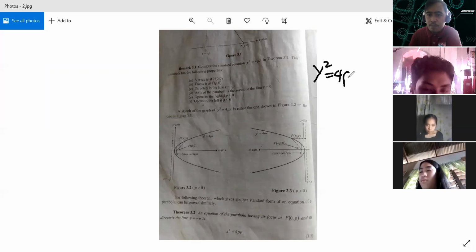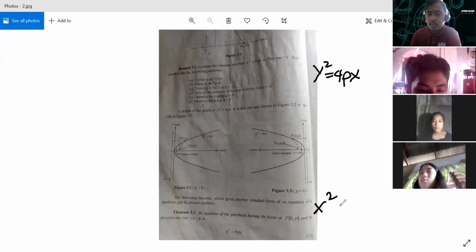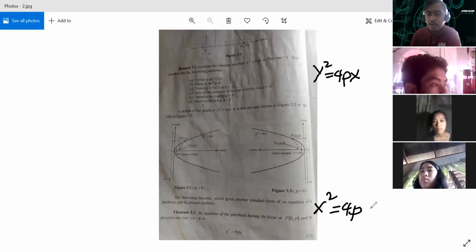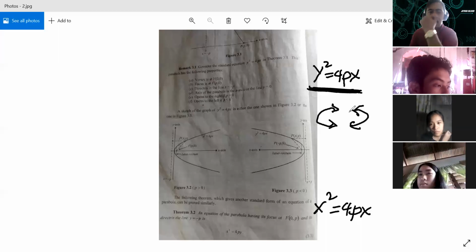So we have here remark 3.1. As I have said a while ago, it's either you have y squared equal to 4px or katong isa nga x squared equal to 4py, right? This time atong focus kanisa. Katong it's either opening to the right or opening to the left. Okay.